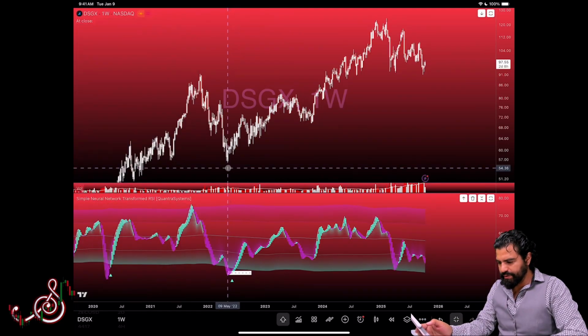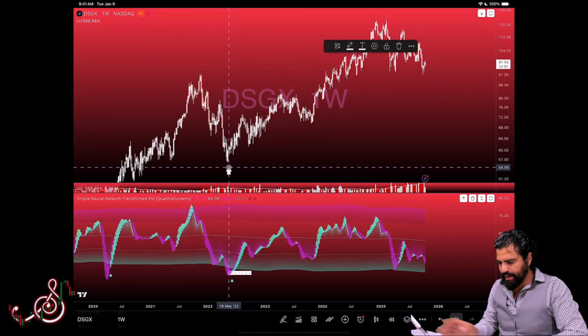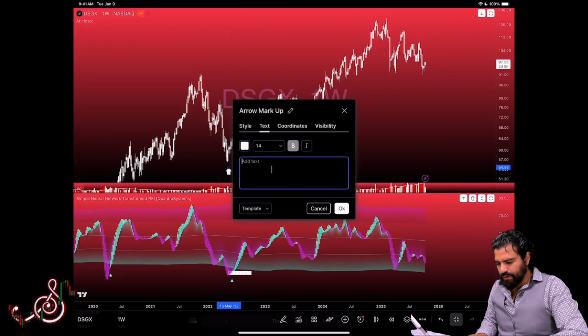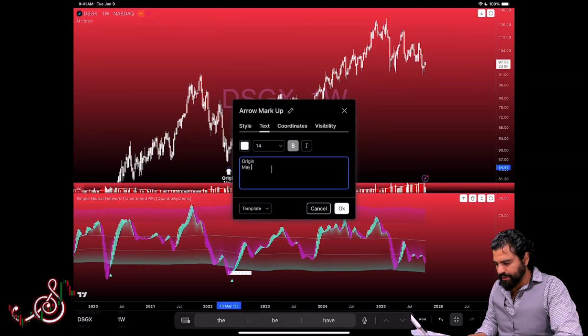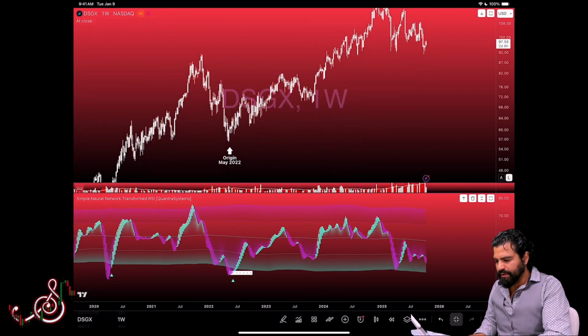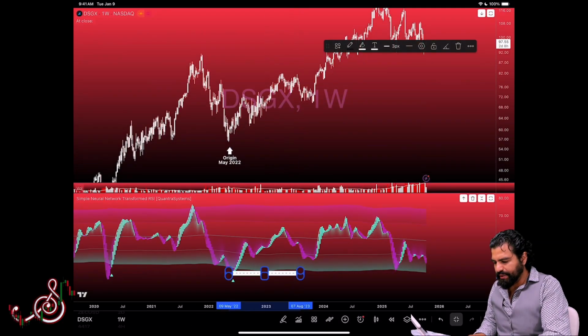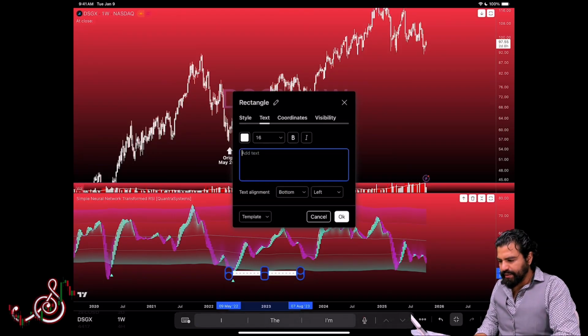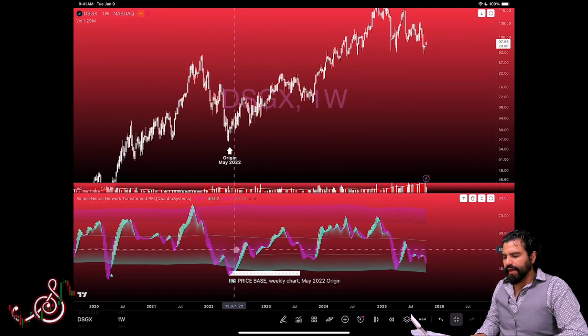Here's our origin, and the date is May of 2022. So origin, May 2022, and we're looking on a weekly chart. So I'm going to put this as RSI price base, weekly chart, May 2022 origin.